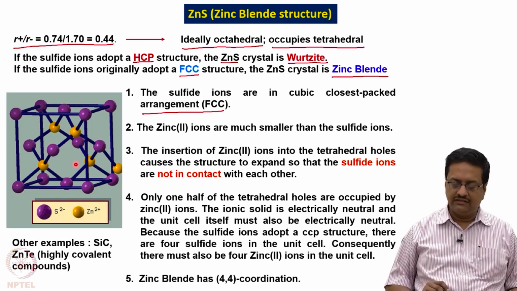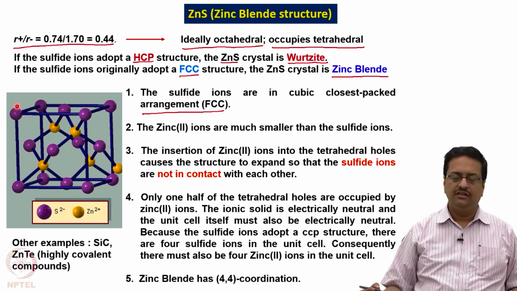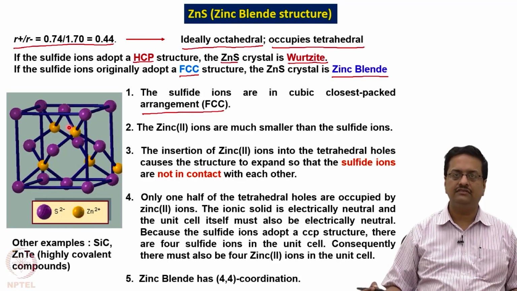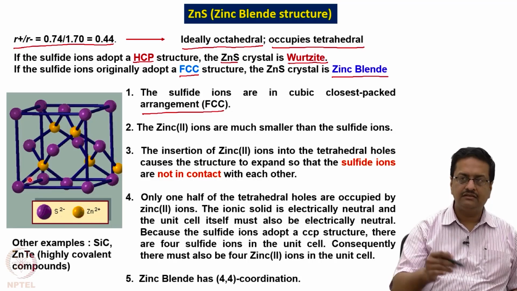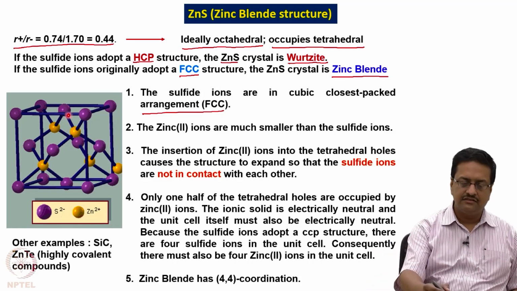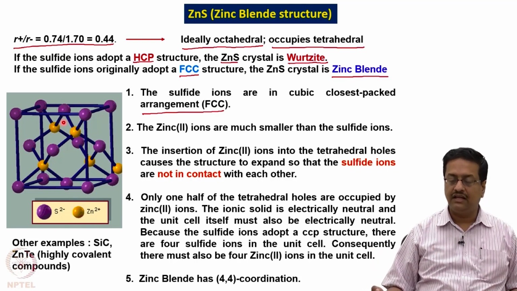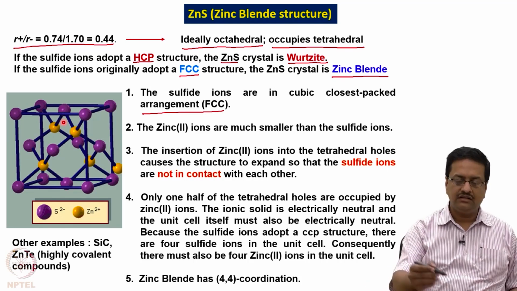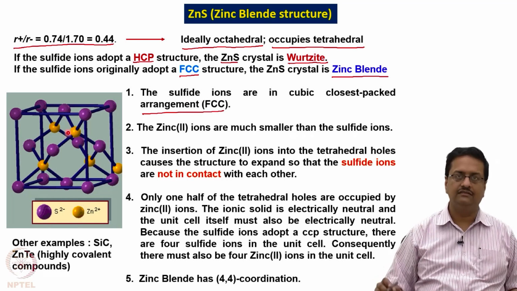So this indicates that for one unit cell you have 1, 2, 3, 4 zinc ions which are fully inside, and then you have 8 sulfide ions at corners and 6 at faces, which means the total number of sulfide ions is 4. So again it is a 1:1 formula unit of zinc sulfide, but here the alternate tetrahedral sites are occupied.